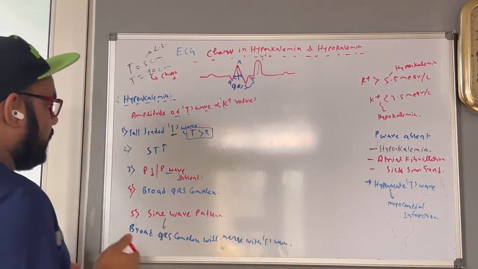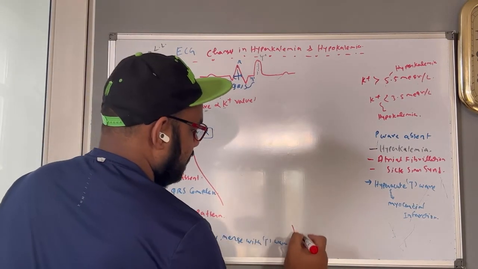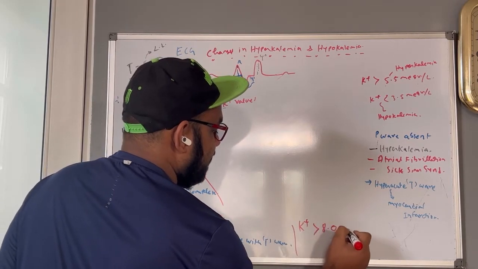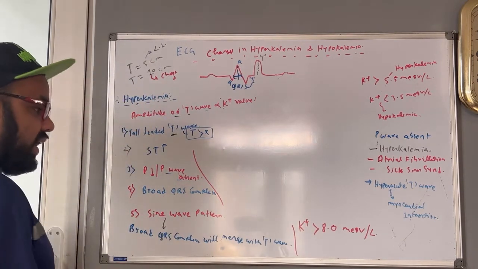Now these are the findings, and another important thing: whenever we get a potassium value, it's very important, more than 8 milliequivalent per liter, that will cause diastolic arrest.